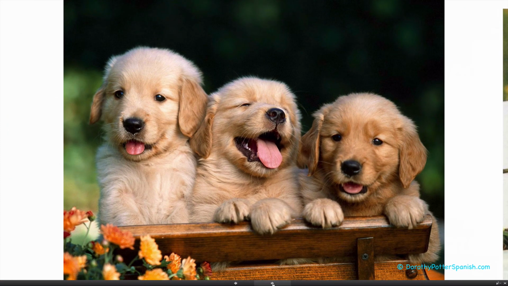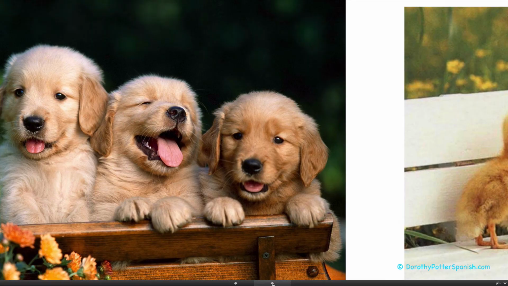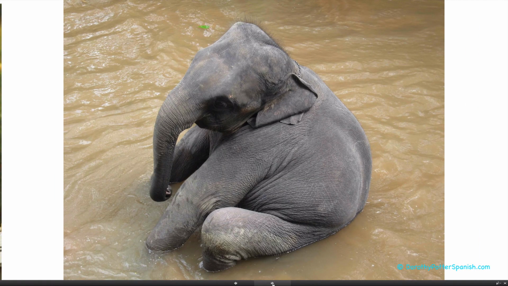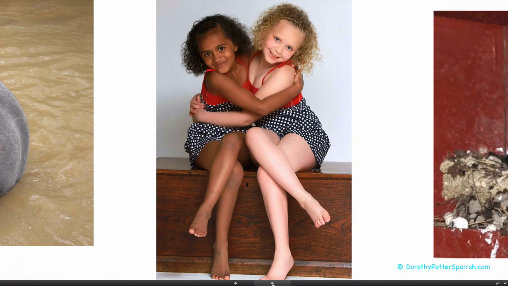Perritos. Hay 3 perritos. Patos y gatos. Hay 2 patos. Hay un gato. Elefante. Hay un elefante. Niñas. Hay 2 niñas. Son bonitas. Están abrazándose. There are 2 girls. They're pretty.